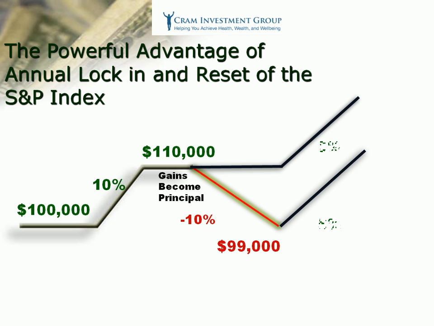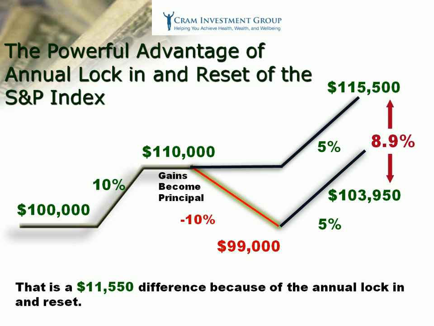If the following year, year 3, the market went up 5%, we would add $5,500 to our already $110,000, leading us to a total of $115,500. Versus being in the market, this is an 8.9% better return, and of course over $11,000 better return than if we had stayed in the market actively. So here's a way that we can get those predictable returns that we talked about in some earlier presentations.